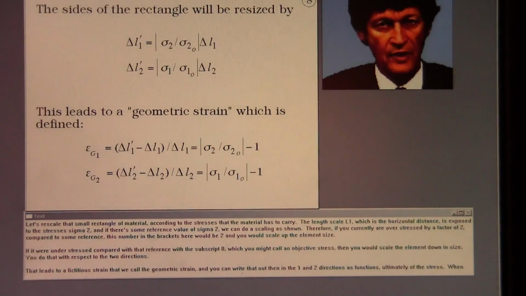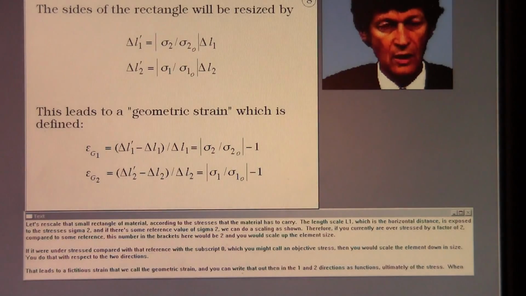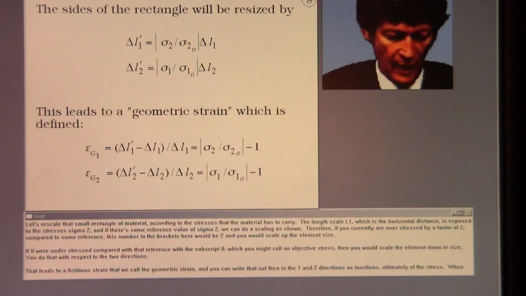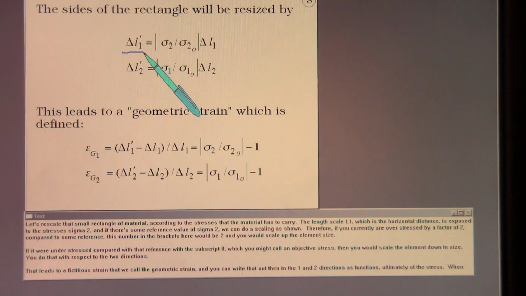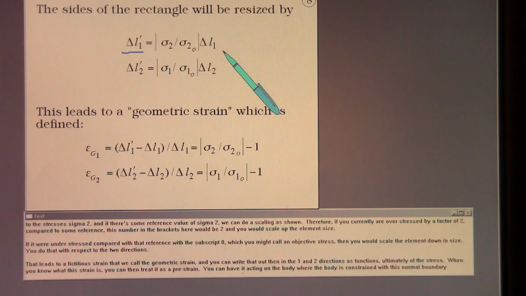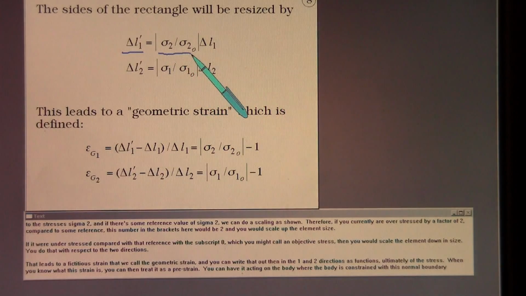Let's rescale that small rectangle of material according to the stresses that the material has to carry. Now, the length scale L1, which was the horizontal distance, is exposed to the stresses sigma 2, and if there's some reference value of sigma 2, we can do a scaling as shown.